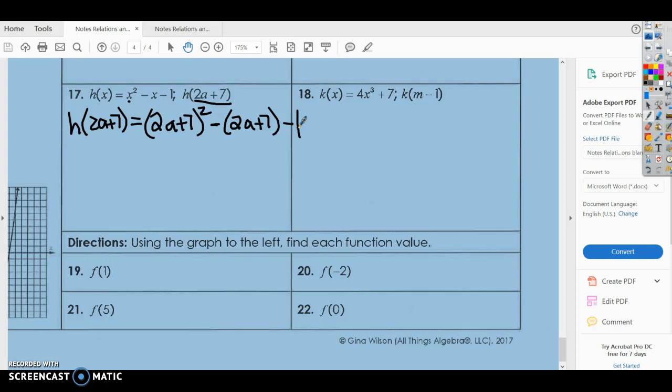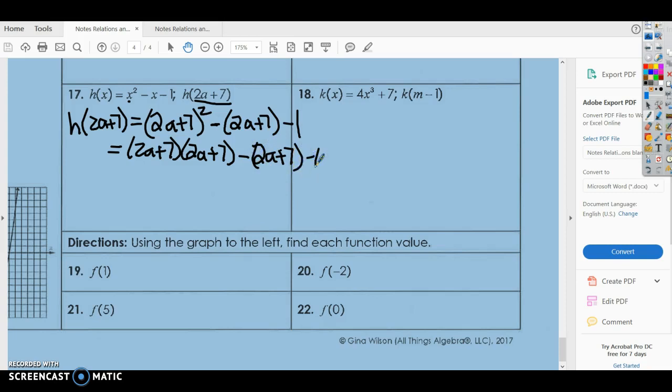All right, so once I get to there, okay, again, that's the name of my function over here. I'm going to scoot the equals over just a little bit to give me more room. A binomial squared is the same thing as 2a plus 7 times 2a plus 7 minus 2a plus 7 minus 1.